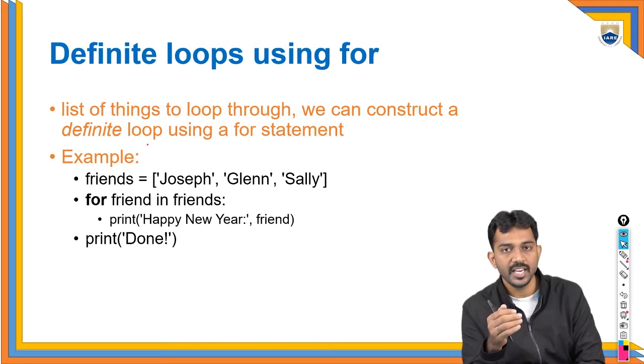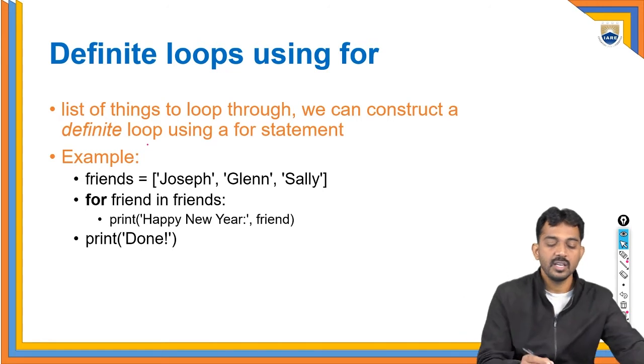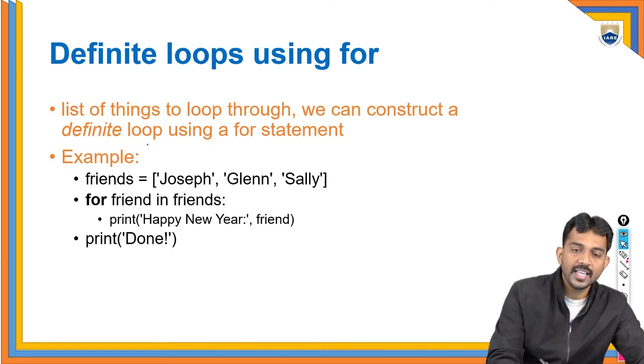For example, if you read the names, for friend in friends, here what happened? The interpreter will take the first value. When you say friend in friends, first Joseph comes into the friend variable and it prints Happy New Year, Joseph. After the iteration, at the next time, Glenn comes to the friend, and it prints Happy New Year, Glenn. After that, Sally.